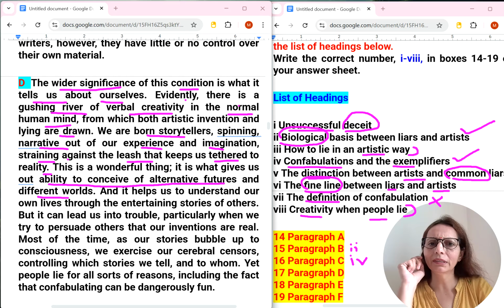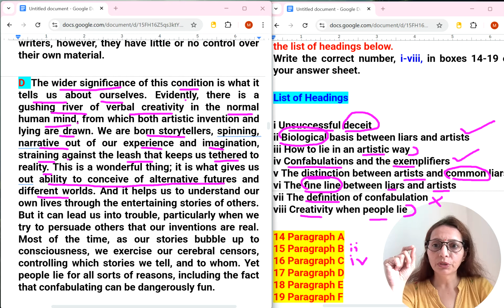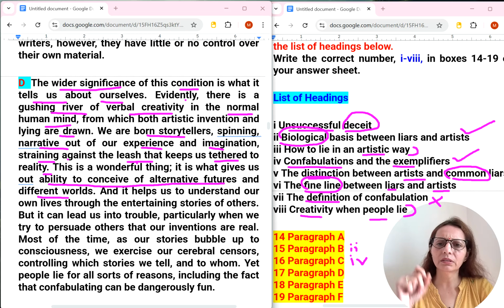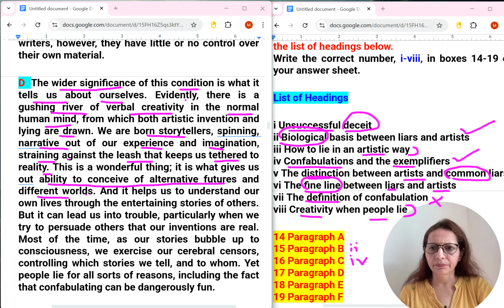I think evidently there is a gushing river of verbal creativity in the normal humankind from which artistic invention and lying are drawn. We are born storytellers, spinning narrative out of our experience and imagination, straining against the ledge that keeps us tethered to reality. This is a wonderful thing. It gives us the ability to conceive of alternative futures and different worlds.